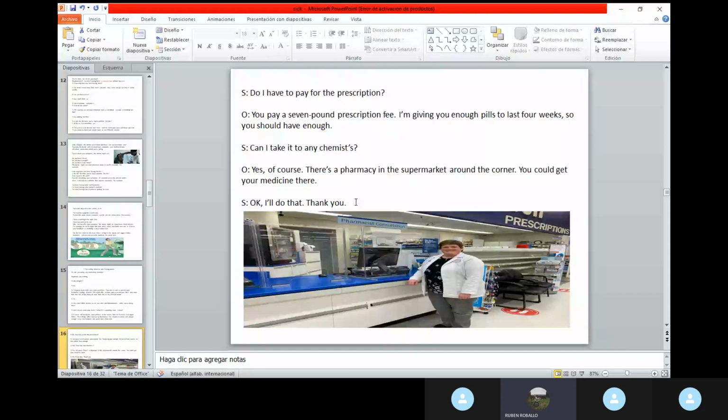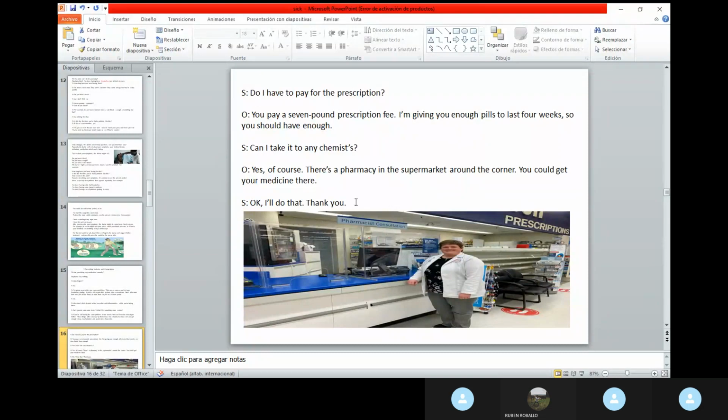Can I take it to any chemist? Yes, of course. There's a pharmacy in the supermarket around the corner. You could get your medicine there. Okay, I'll do that. Thanks.